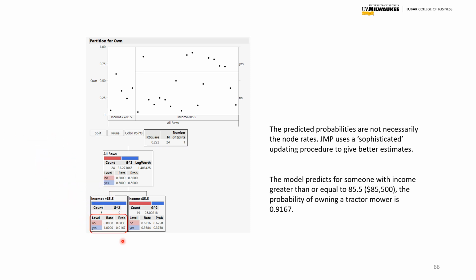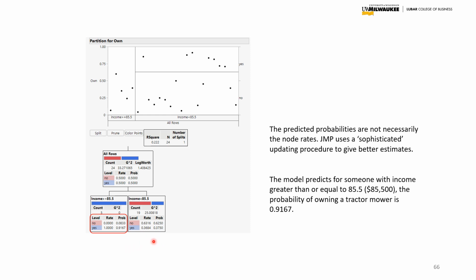We find here for this node of income greater than or equal to 85.5, the predicted probability that an individual will own a riding mower is 0.9167, so it's a high probability.